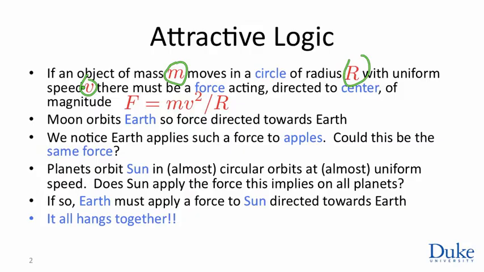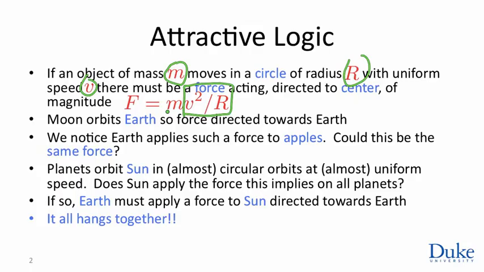So if you see anywhere in the universe an object that is governed by Newton's laws, like everything is, moving around in a circle of radius r with speed v, then there is a force acting on that object and attracting it towards the center of the circle in which it is moving, and the magnitude of that force is the centripetal acceleration that we computed, v squared over r, times the mass of the object, because F equals ma. If you know the acceleration, you can deduce the force.